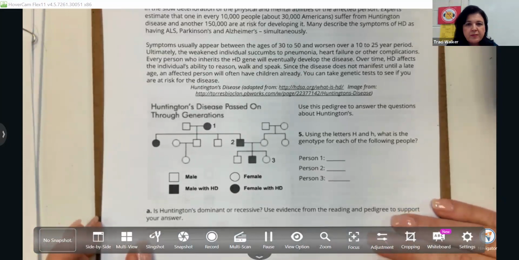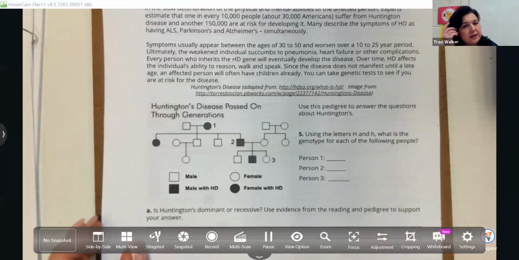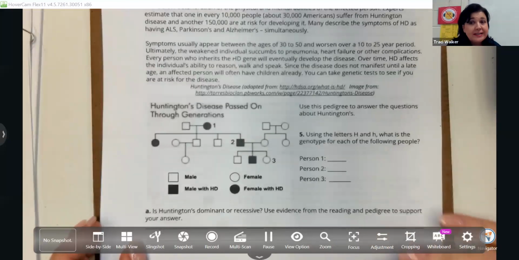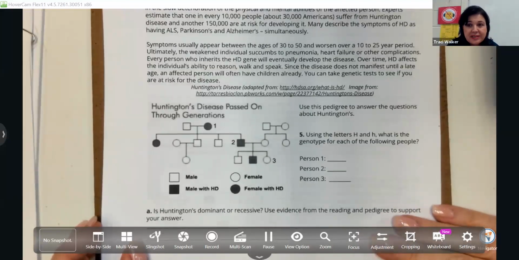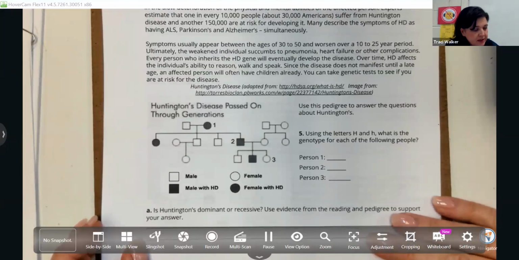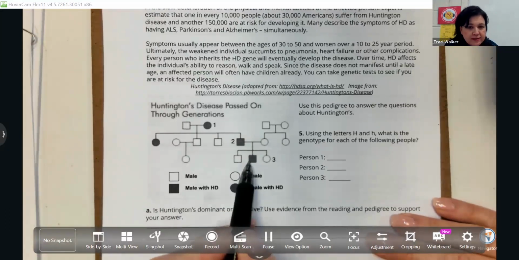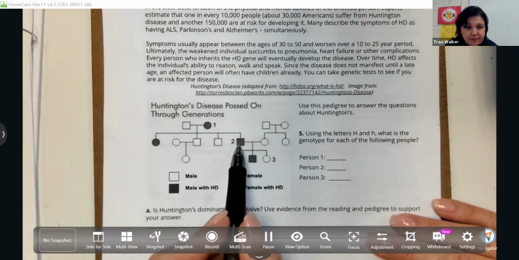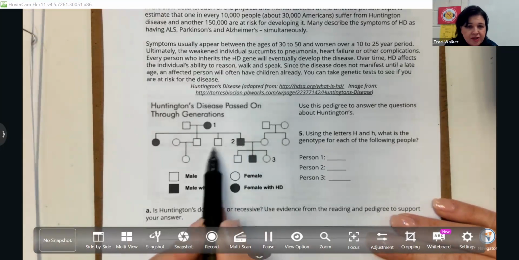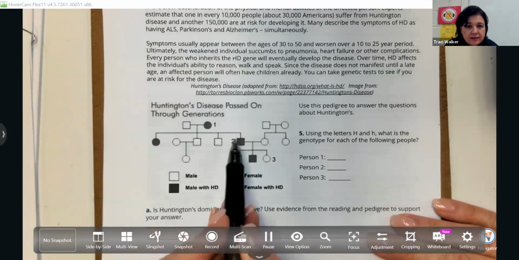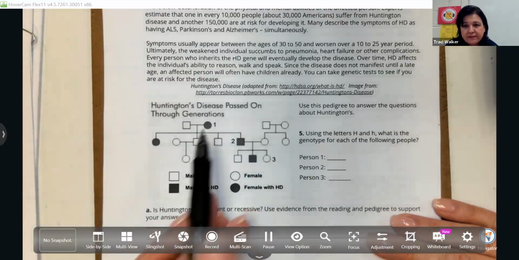Okay, so remember our first question is, is there anywhere that there's a child that is affected and neither parent is affected? So I see here that this boy is affected, but the daddy is also affected. And then I see these two siblings are affected and their mom is affected.